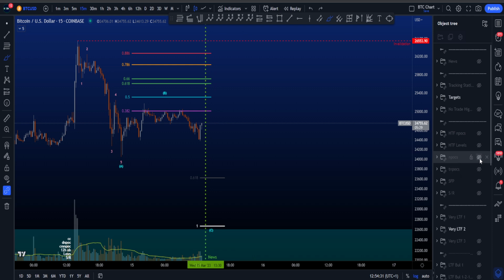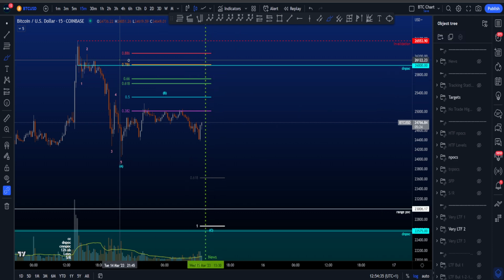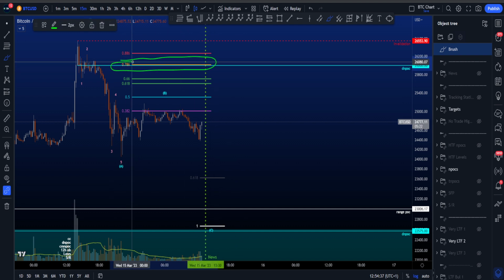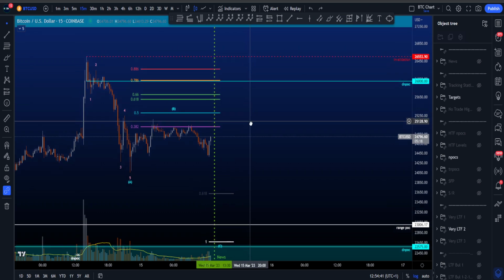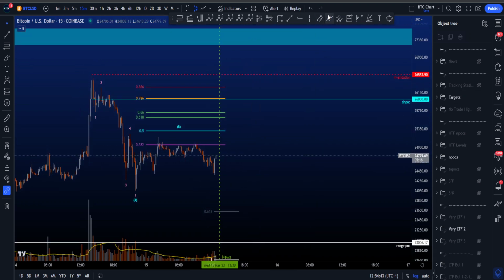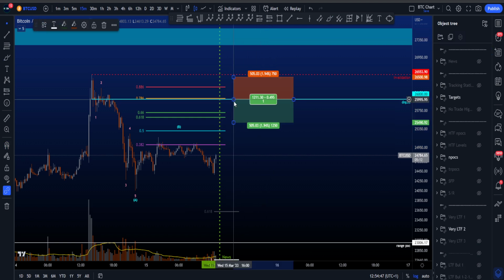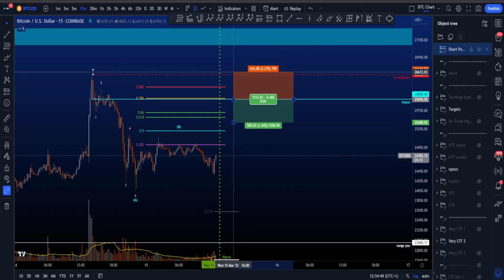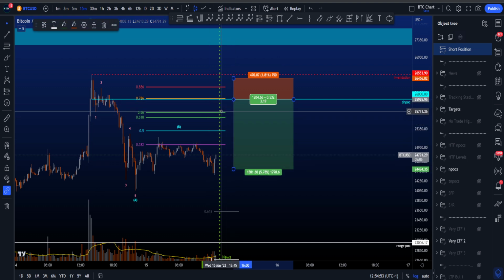I do think what is important to show you as well is we do have a daily naked point of control at 26k, which has a very nice confluence with the 0.786 as well. So in this scenario, depending of course how price is going to approach this level, a potential trading setup could be to eventually go into a short. Now, if we go up, I would like the daily naked point of control to be hit.